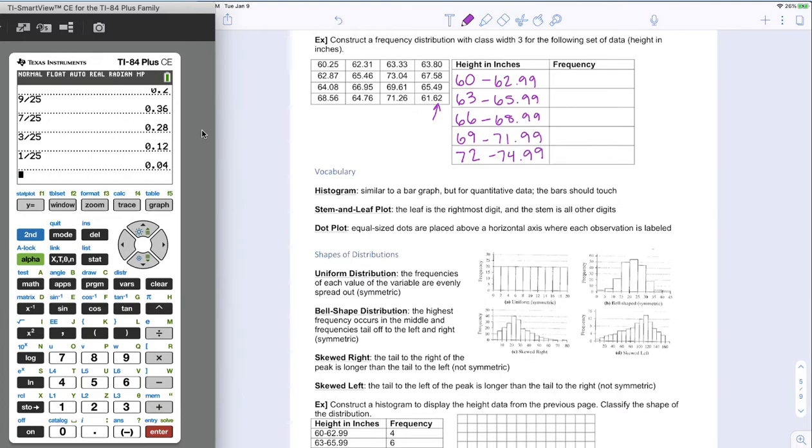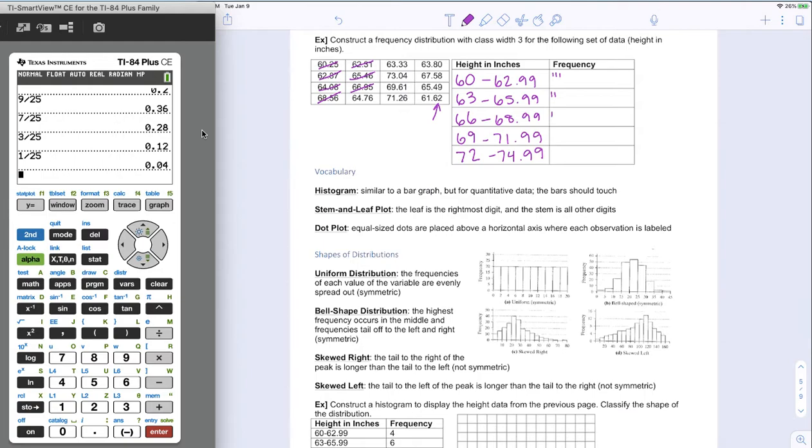Okay, now we can go ahead and find the frequencies by filling in where these go. It might be a little bit easier to just do a tally, go data value by data value, than to try to count. So 60.25 is in the first class, 62.87 goes also in the first one, 64.08 goes in the second one, 68.56 goes in the third one, 62.31 goes in the first one, 65.46 goes in the second one.